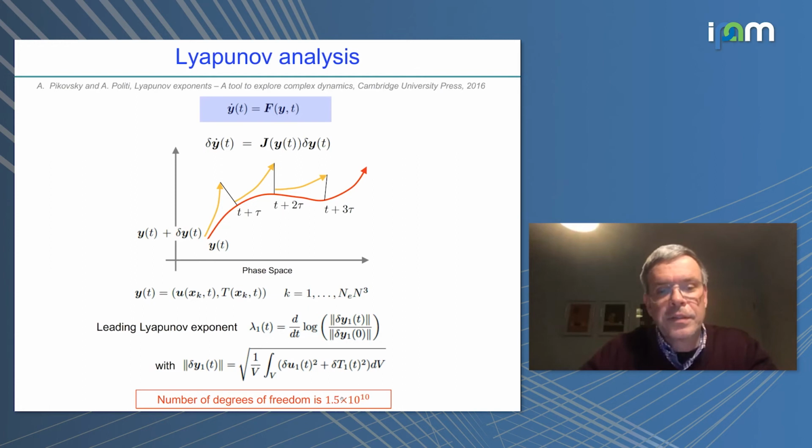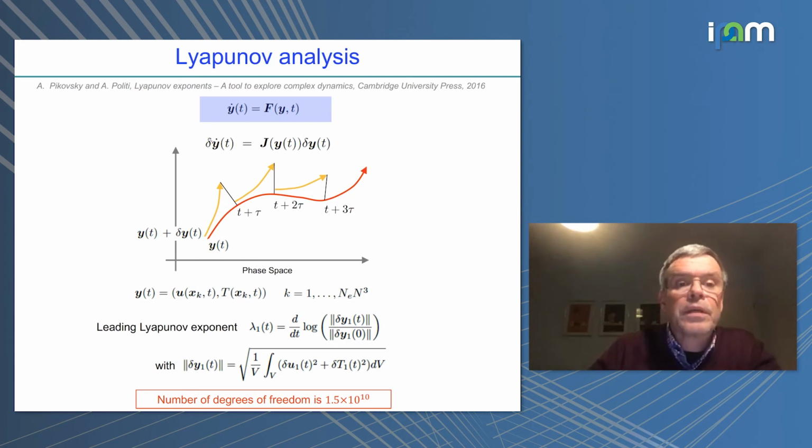So it's clear that we are not able to do any analysis in terms of getting all Lyapunov exponents and the corresponding Lyapunov vectors. So we are focusing on the leading exponent, which is defined by this relation, and the corresponding leading Lyapunov vector, which has a norm that is given in this case.